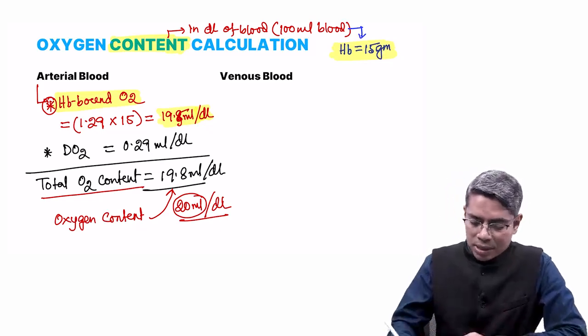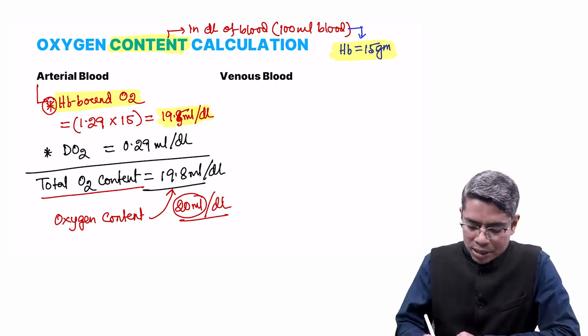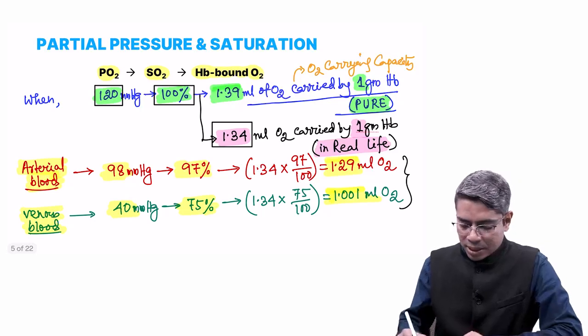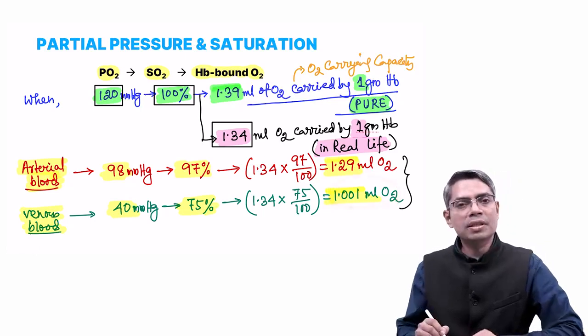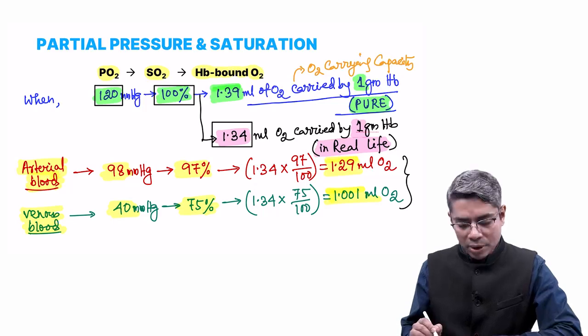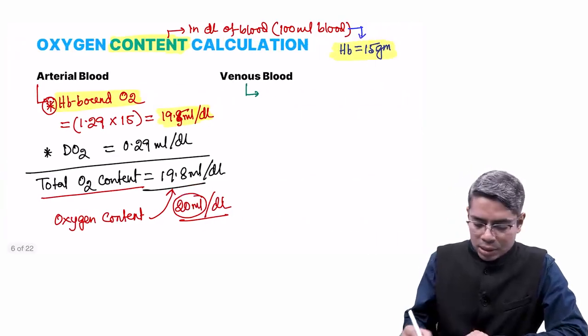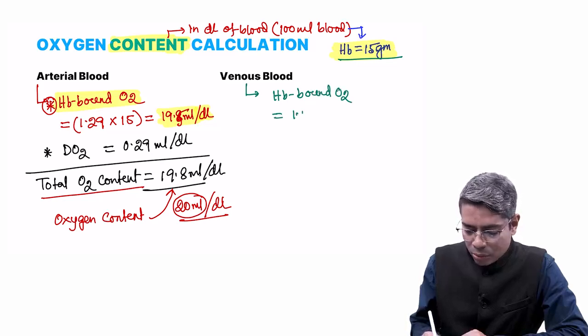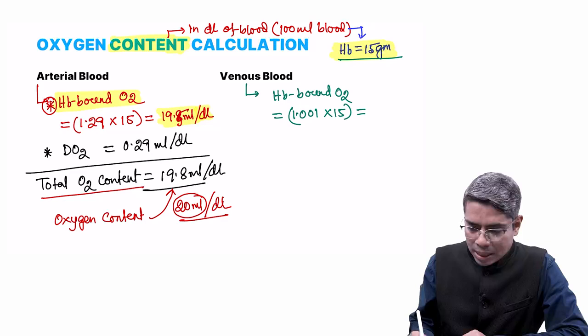So, what about the venous blood oxygen content calculation? For venous blood we have just calculated that 1 gram hemoglobin is carrying 1.001 ml of oxygen. So, hemoglobin is 15 gram. So, the venous blood hemoglobin bound oxygen will be equal to 1.001 multiplied by 15 and this will be approximately 15.1 ml.